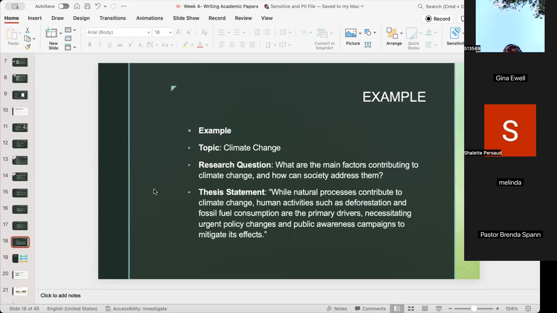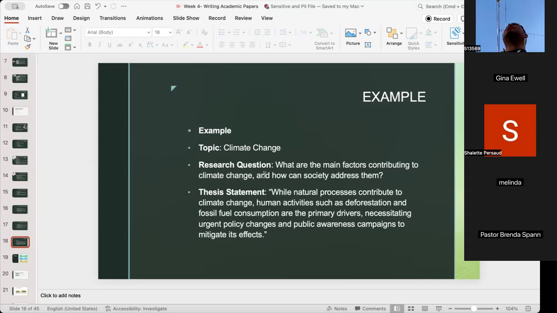So here is an example of a good thesis statement, although I do believe it's a little bit long, but I think it gets the point across. So the topic is climate change, which we've talked about before.